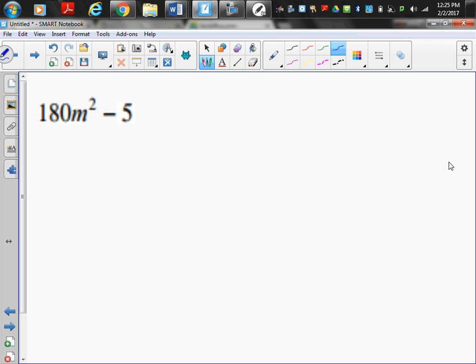What in the world am I going to do? I have 180m squared minus 5. So now, this is where we have to go back and look at what we did yesterday. Is there a number that I can factor out of 180 and 5? I can just take 5 out of both of them.